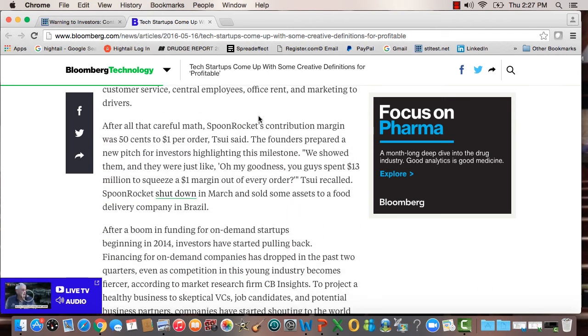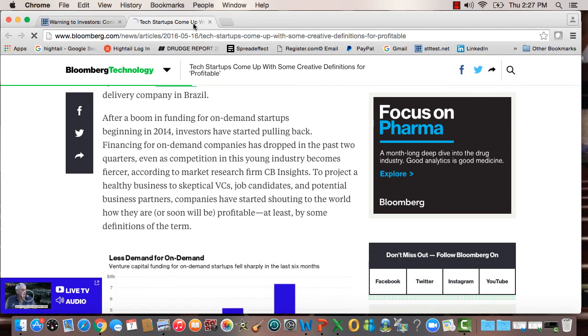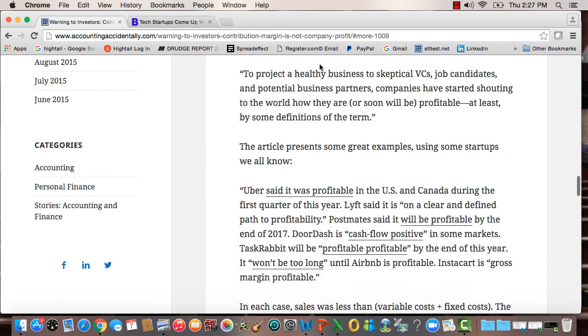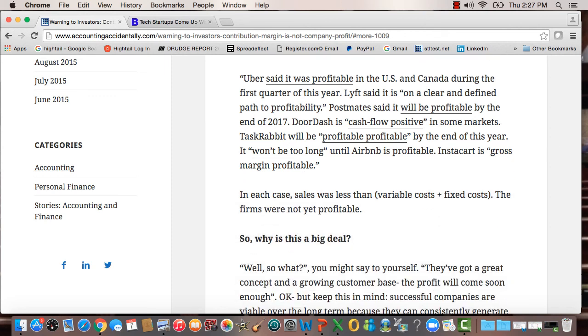And it goes through a discussion of how the company worked hard to get a contribution margin that was a positive number. But that's not profit. And the article goes on to talk about, and I've got the quotes over here, to project a healthy business to skeptical VCs, companies started shouting to the world that they were profitable, but by different definitions.